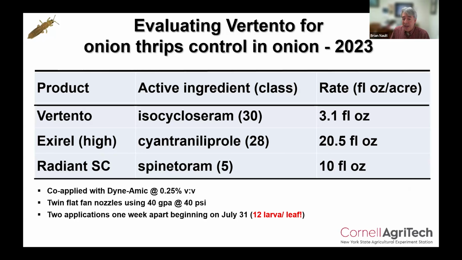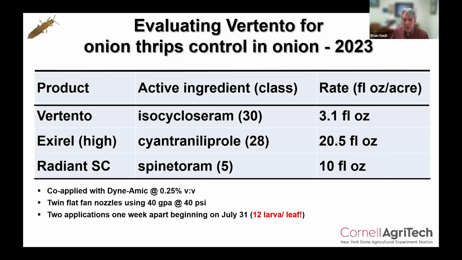For many, many years, we called it a hammer. That hammer was Radiant. We could even use it at 6 to 8 fluid ounces per acre, then 10 ounces per acre. Now it may not be a hammer at all. Exirel at the highest labeled rate of 20.5 fluid ounces per acre, or even a pint per acre, is our current hammer. So we were curious to know, could Vertento become that hammer?